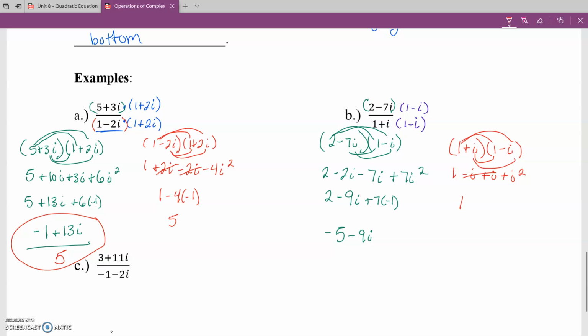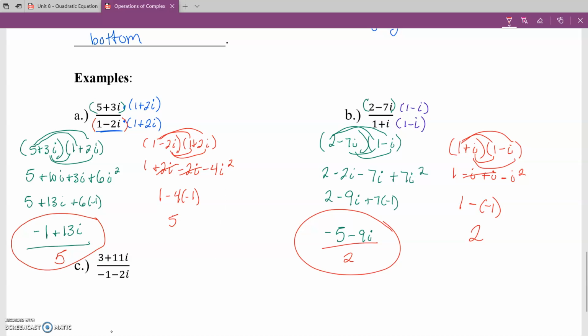So I end up, oops, I should watch my signs. This is a negative i squared. So I have a negative 1. Well, that's just 2. Negative 5 minus 9i all over 2.